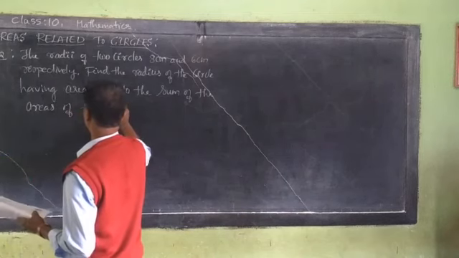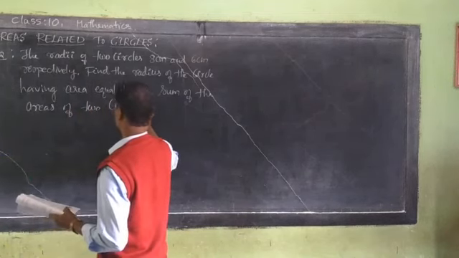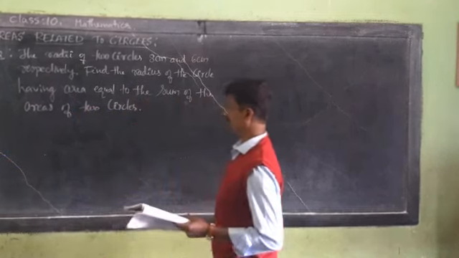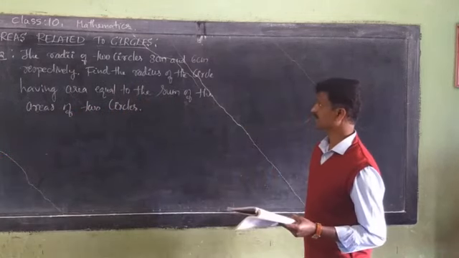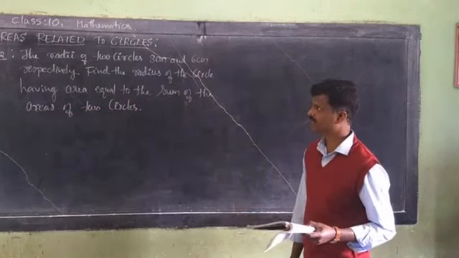The radii of two circles are 8 cm and 6 cm respectively.